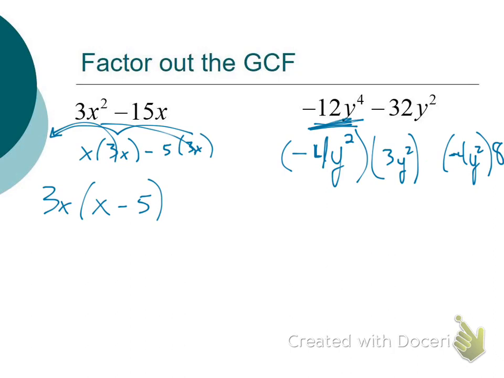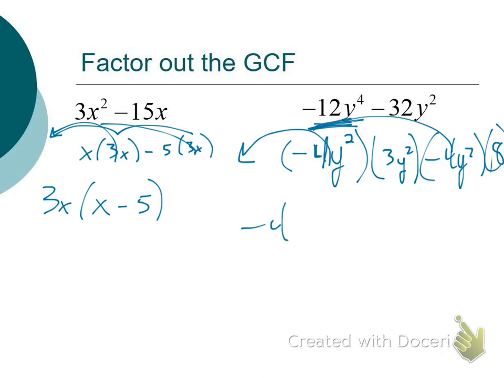Anyway, bear with me for a second. Now I'm going to factor out this negative 4y squared. When I pull that out, I'm left with the 3y squared here and a positive 8 back here. So that's how you would factor out a GCF.